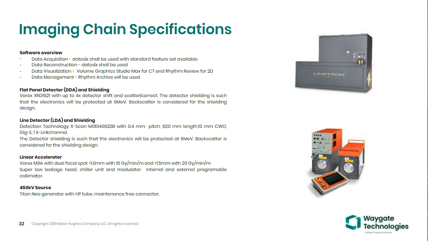And there's a 450 kV source in there, which, as I described, is for the sole purpose of being able to mesh different data sets and use the optimal energy for each section of the component.